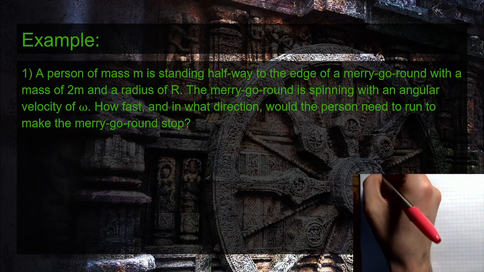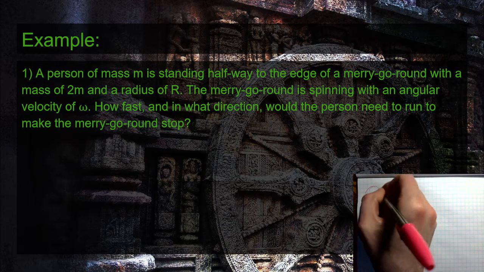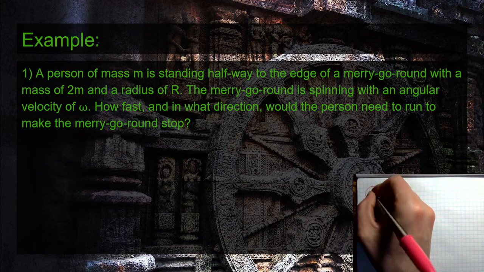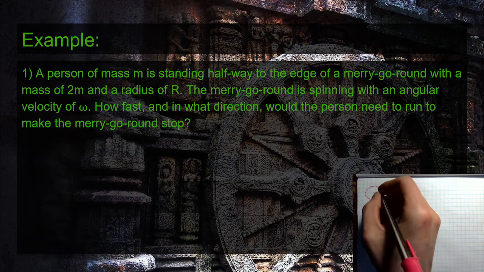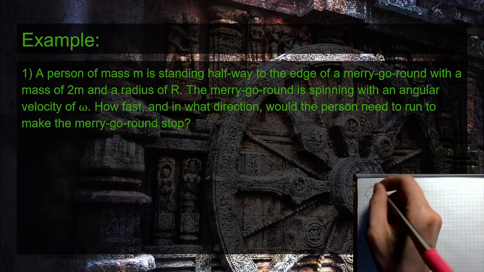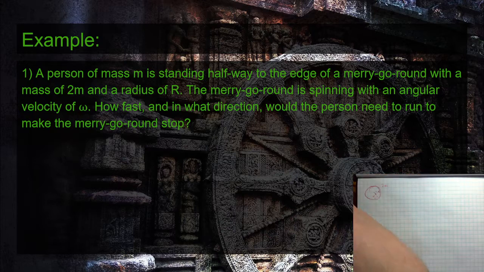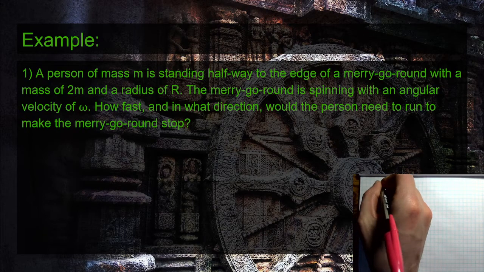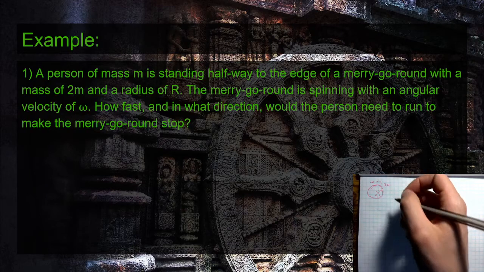So we've got our situation where we've got our person on a merry-go-round. Merry-go-round's got a mass of 2m. Person at a point of 1/2 r is going at a velocity we don't know, while the merry-go-round is going with an angular velocity of omega.